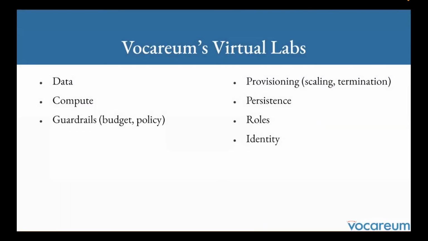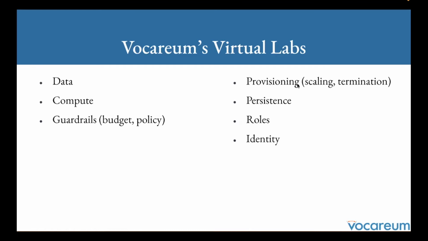So first of all, for those of you who don't know, what does Vocarium do? We are in the business of providing virtual labs. What we mean by virtual labs is the space for the learner where you can deliver data for them, compute for them, and guardrails. Guardrails means you can deliver budgets and policies for the learners, to make sure that the expenses don't go out of control.